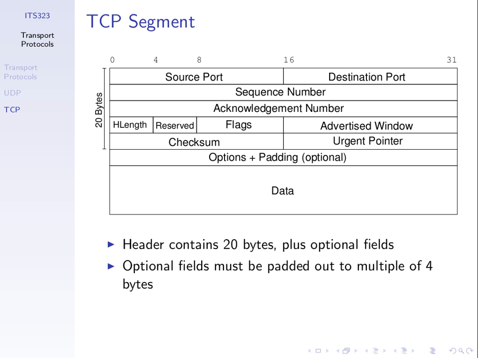In the header, we include the source and destination ports, so we can identify the applications. We have a sequence number. Because we have error and flow control and congestion control, we keep track of the data that we're sending. We send one segment, and then another segment, and another segment. We use a sequence number to keep track of them, the ordering of them.